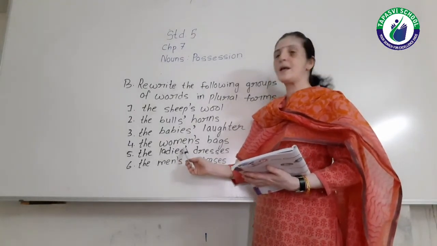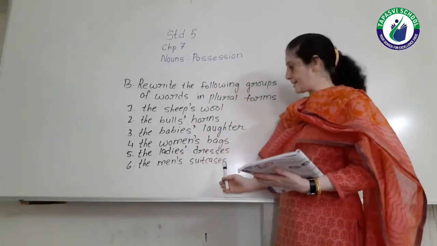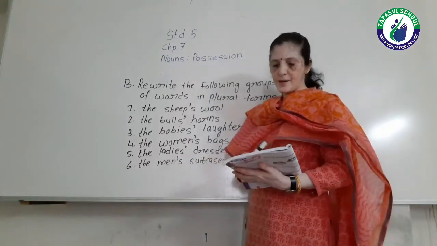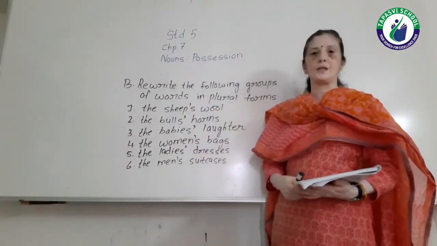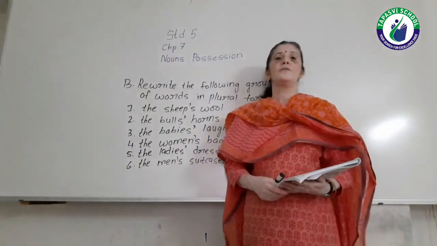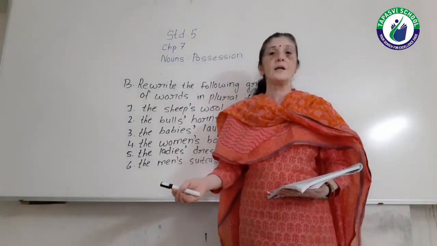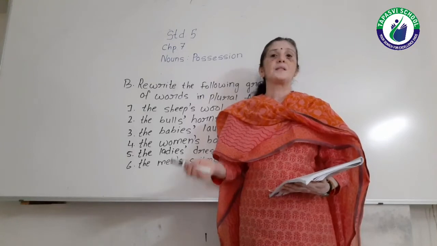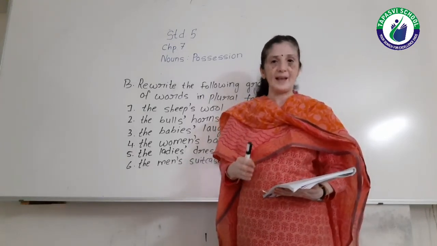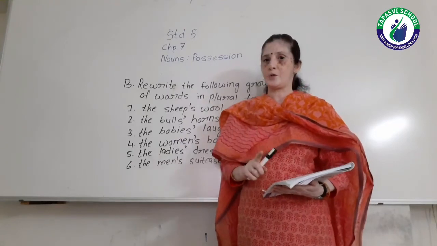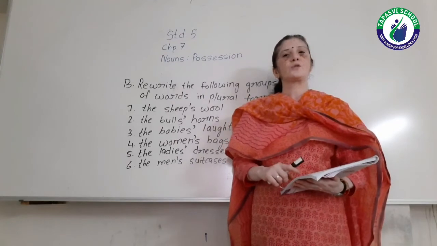We have to put the apostrophe after S. The ladies' dresses. Next is the man's suitcase. Right students? So whenever a singular noun is given, if you are making the plural of it, see the plural noun, if it ends with S, just put an apostrophe. And if it does not end with S, then use apostrophe S.